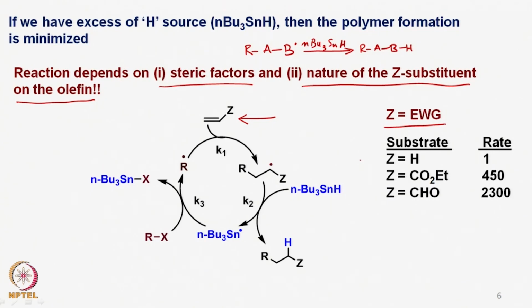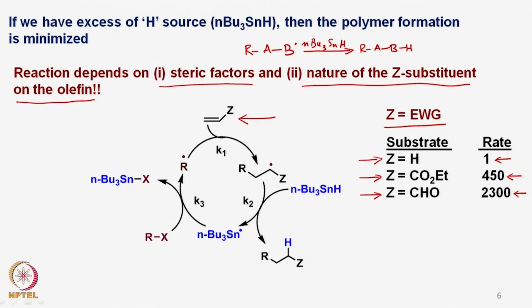If Z is H, the rate is considered as 1, then if you take ester as Z, an electron withdrawing group, the rate turns out to be 450, and if some more electron withdrawing group like aldehyde, then the rate is 2300. So basically it means that the reaction can be arrested at the first CC bond formation, and the reaction could be quenched by tributyltin hydride if we have an electron withdrawing group attached to the double bond.